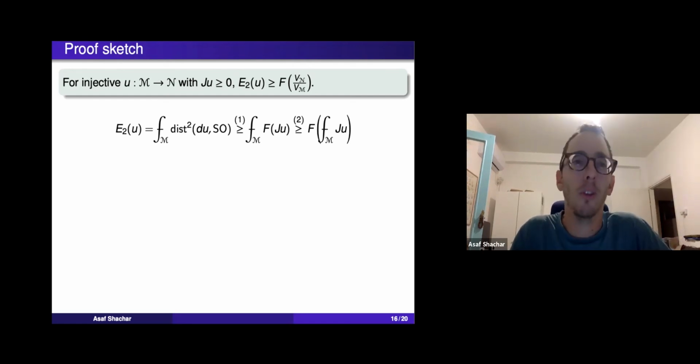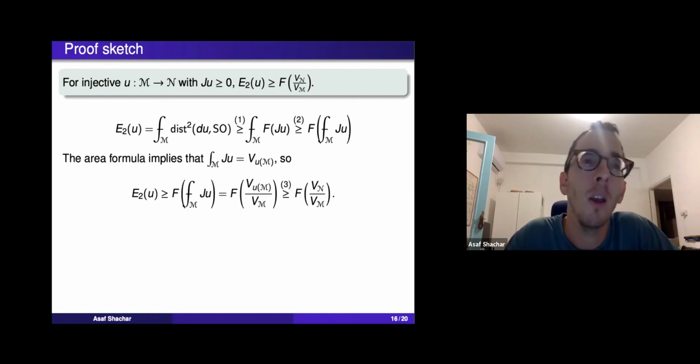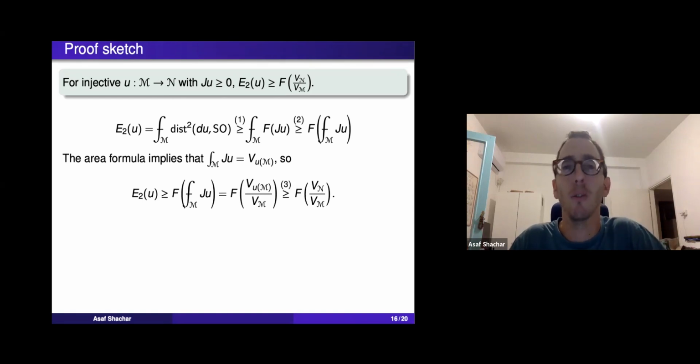So we can use that the distance from SO is bounded below by the function F evaluated at the Jacobian. And inequality 2 is the Jensen inequality. Here we use the fact that F is convex, as I said at the beginning. And now the area formula: the integral of the Jacobian is the volume of the image.